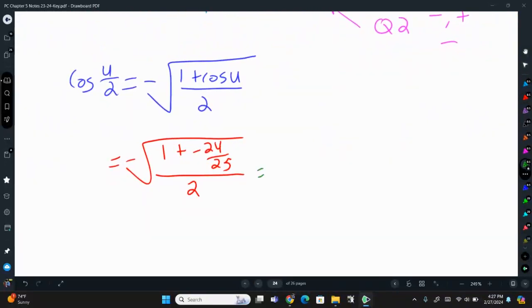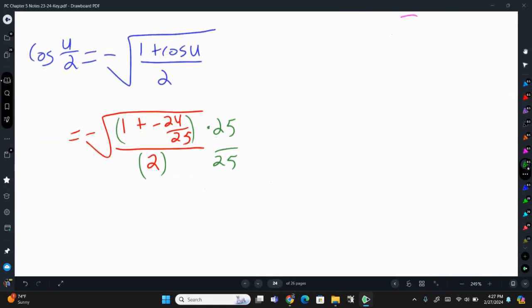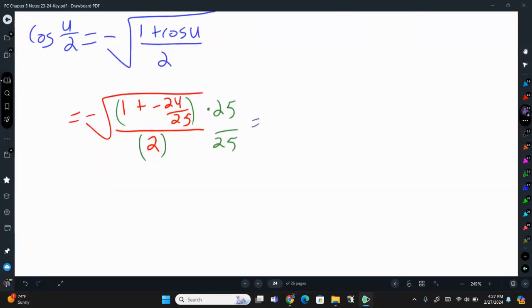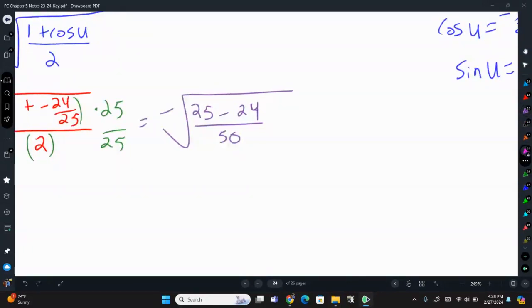So then multiply the top and bottom by 25. So we get negative square root of 25 minus 24 over 50. This is equal to negative square root of 1 over 50.